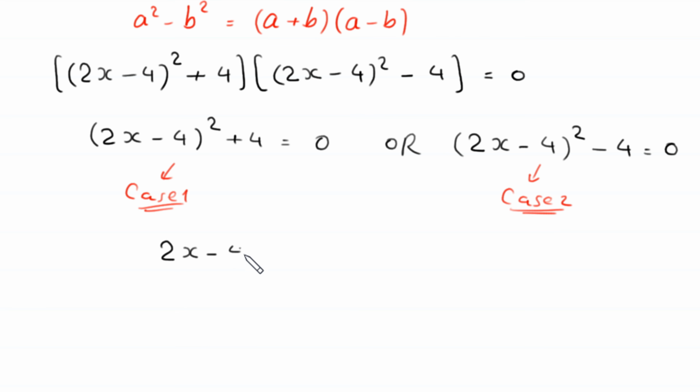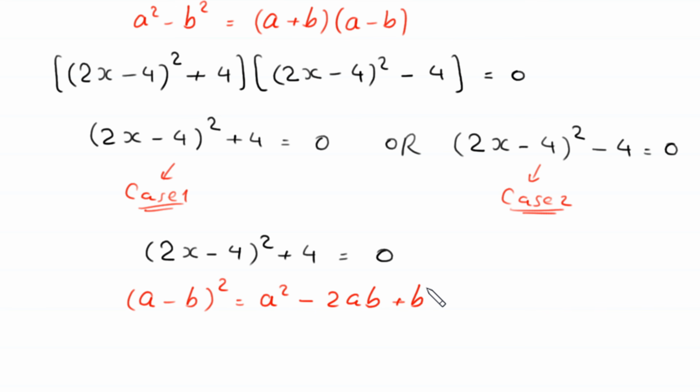(2x - 4)^2 + 4 = 0. By using this algebraic identity, (a - b) whole squared is equal to a squared minus 2ab plus b squared, this (2x - 4)^2 will become (2x)^2 - 2 times 2x times 4 + 4^2 + 4 = 0.